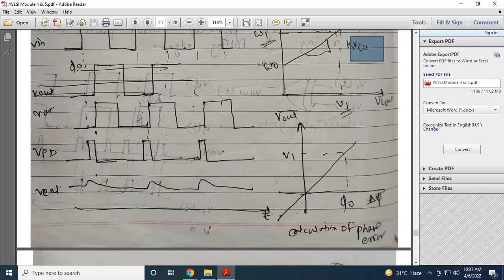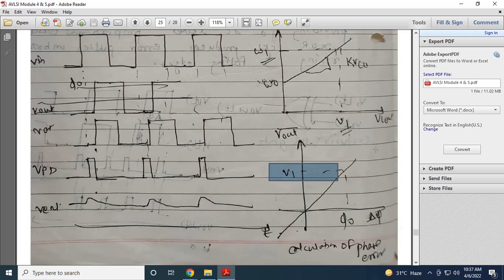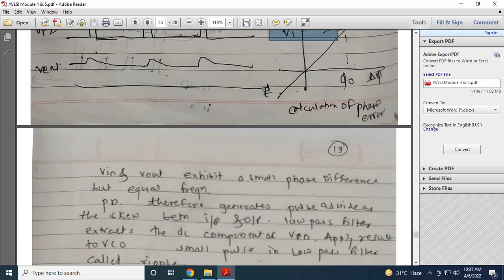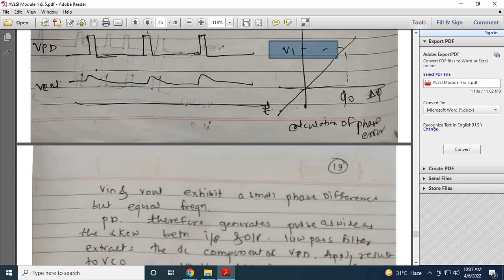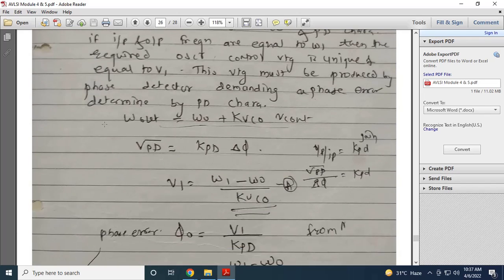Now see the calculation of phase error, average output voltage, phase difference. So see this V1, this input and output exhibit a small difference and that is detected by the phase detector. See this equation, omega out is equal to omega 0 plus gain multiplied by controlling voltage. This is the equation for the VCO.